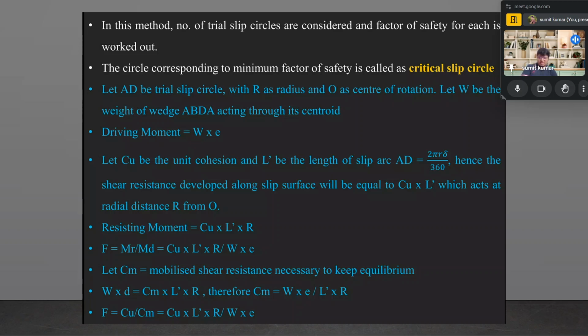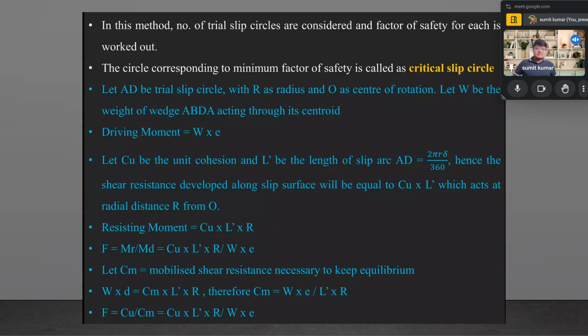So over here, let's assume that ED be a trial slip circle with R as the radius, as shown in the previous slide, and O as the center of rotation. Let W be the weight of the wedge and A be D acting through its centroid.